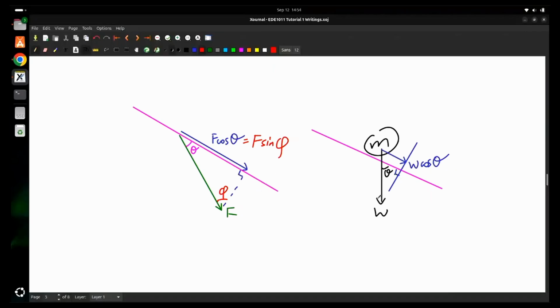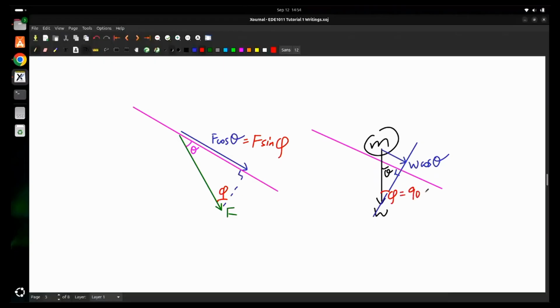This side, 90 minus theta, sine 90 minus theta. It is. So what he's trying to say is that if you use sine instead, it's actually 90 minus theta. What's the reason? Because it is 90. So let's say if I have this angle phi here, phi is equivalent to 180 minus 90 minus theta.